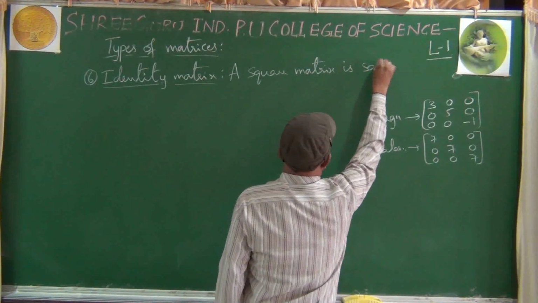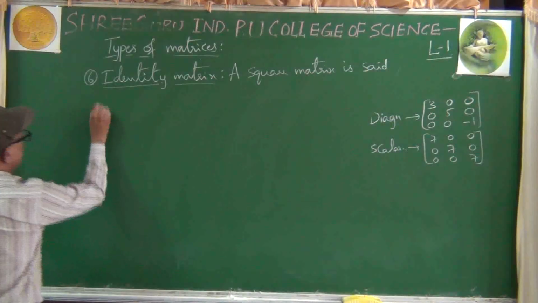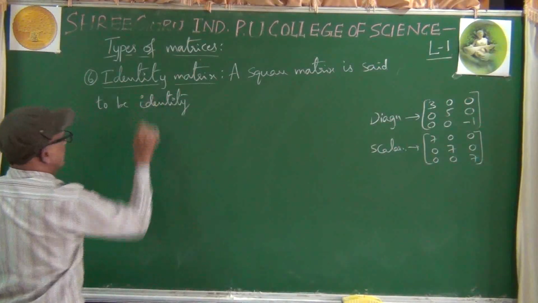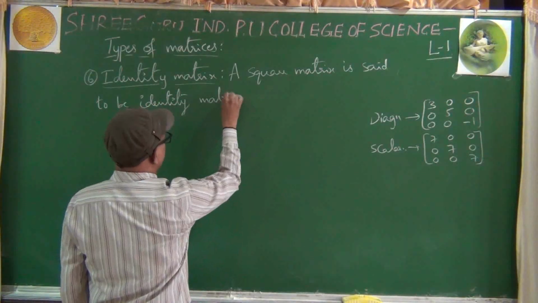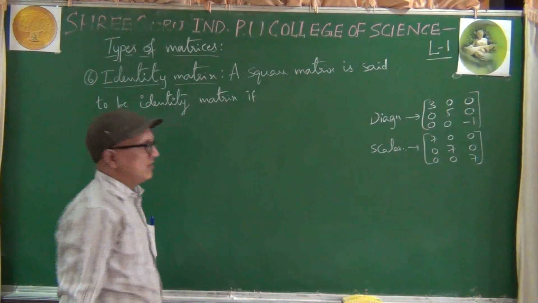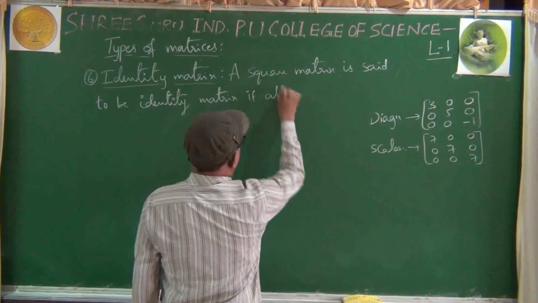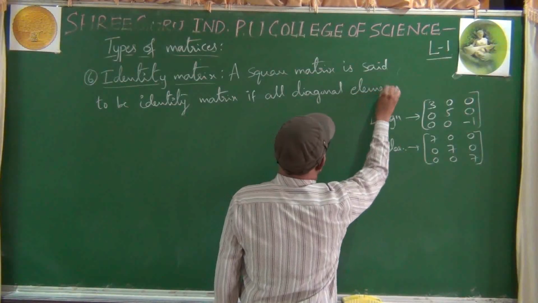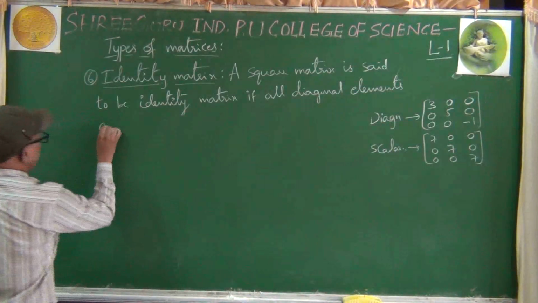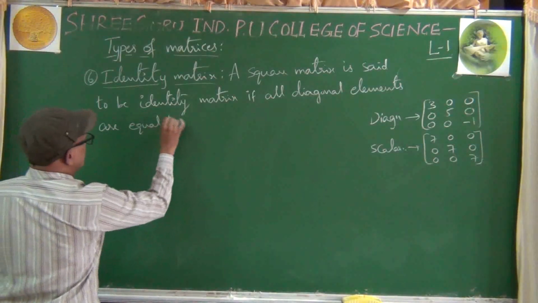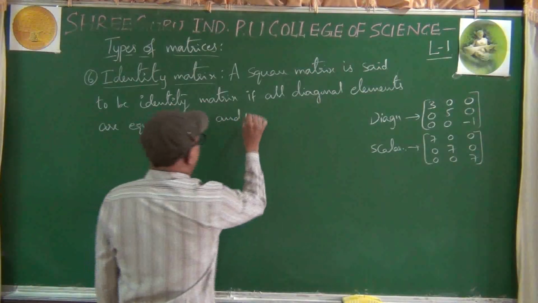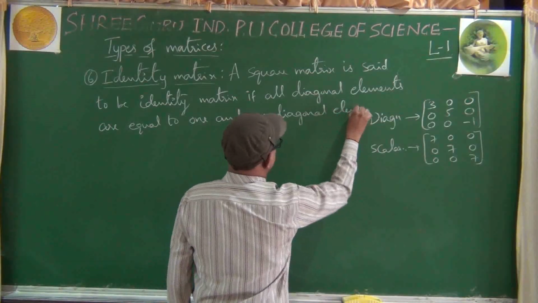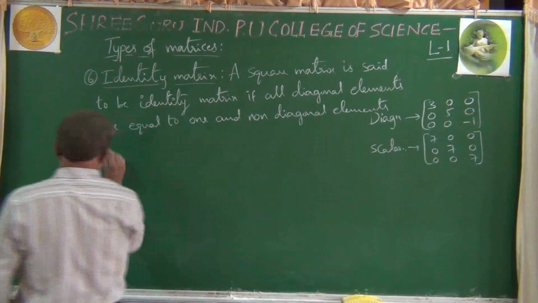A square matrix is said to be an identity matrix if all diagonal elements are equal to 1 and non-diagonal elements are 0.